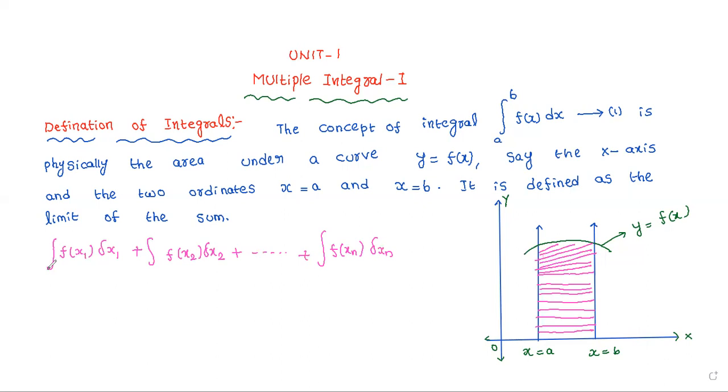Apply the limit when n tends to infinity, and each of the lengths delta x1, delta x2 and so on delta xn tends to 0.